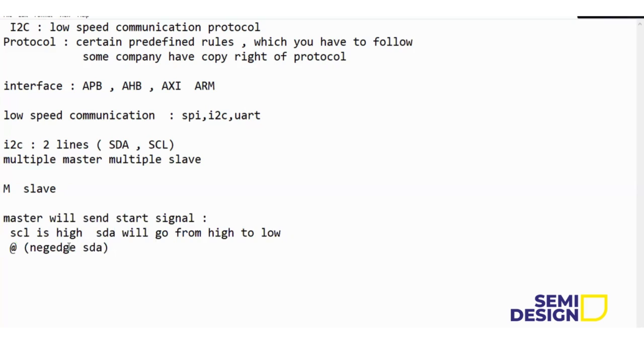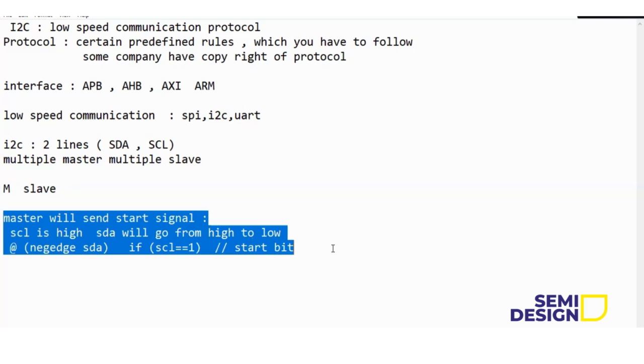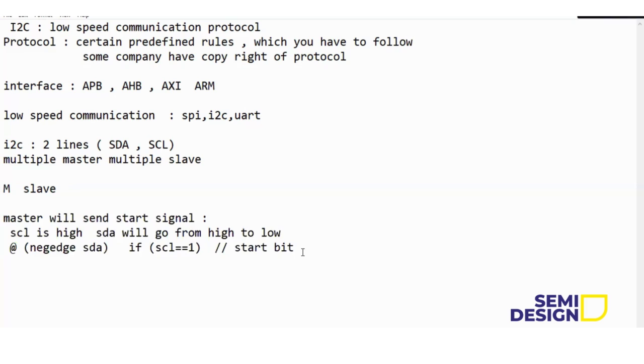Why negedge of SDA? Because SDA will go from high to low. So negedge of SDA if SCL equal to 1. So this is my start bit, meaning the start signal the master is sending to the slave. Understood this part, everyone? Yes, ma'am.